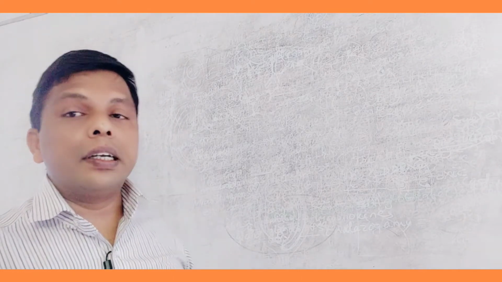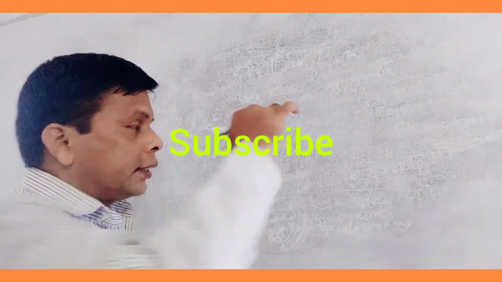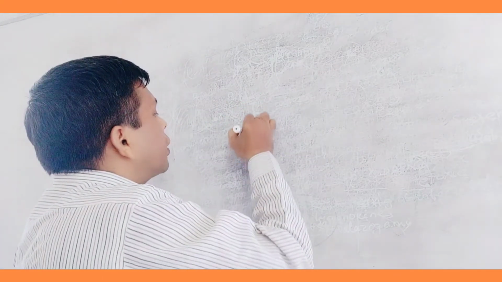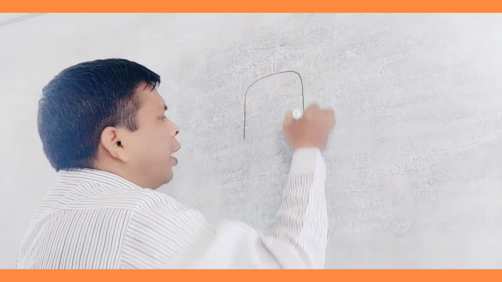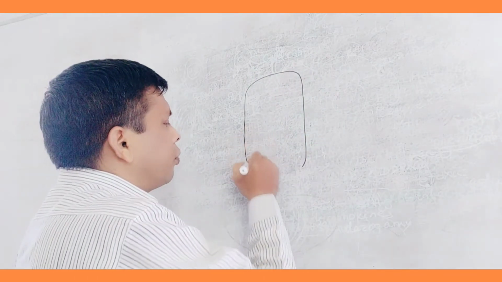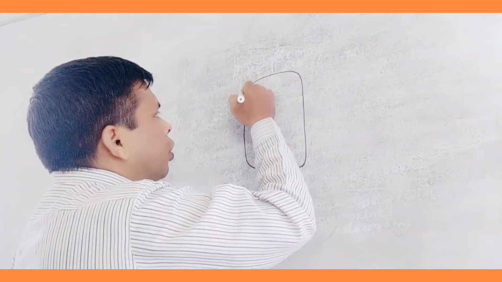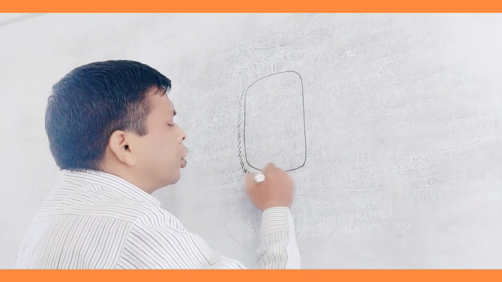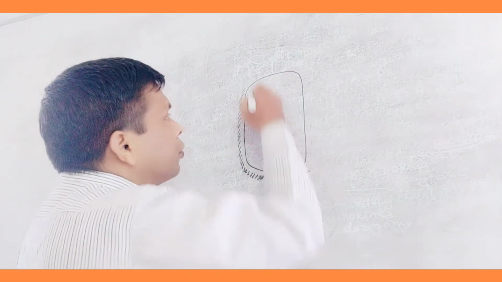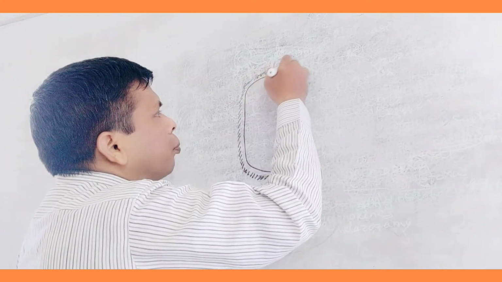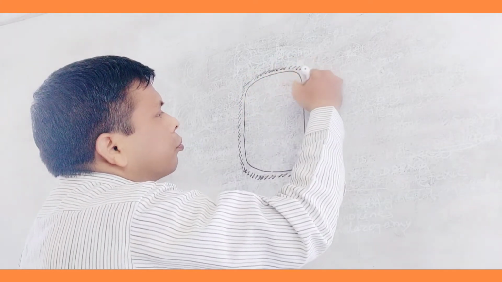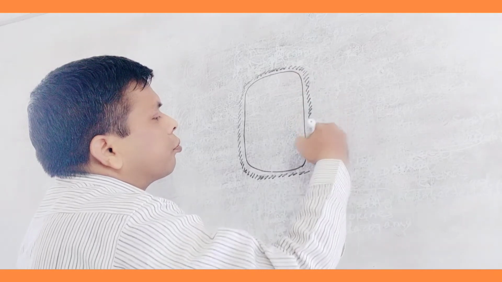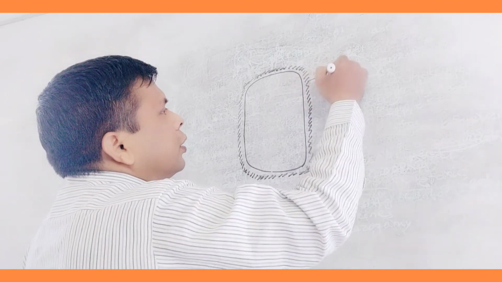It is found that the prokaryotic cells are externally covered by a capsule. Here, this is the capsule.